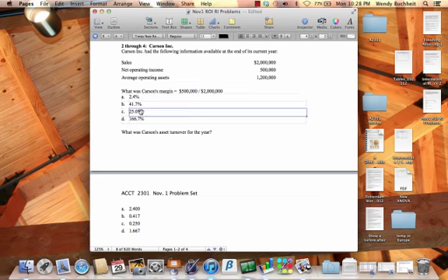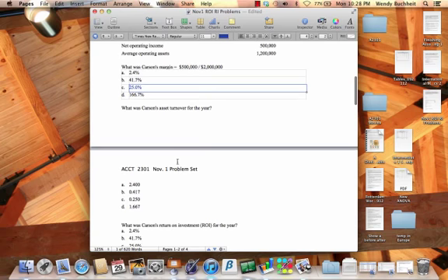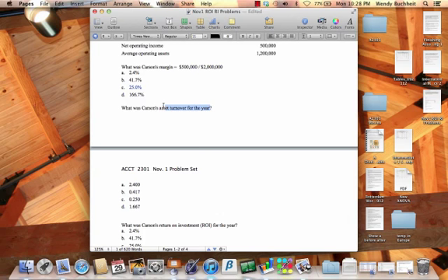You think that's pretty easy, and hopefully that's what you feel about most of these problems in chapter 12. All right, second part of the problem is, what is this company's asset turnover? Right, so ROI equals margin times turnover. This first bit is the margin. The second bit, turnover, is equal to the sales divided by investment.